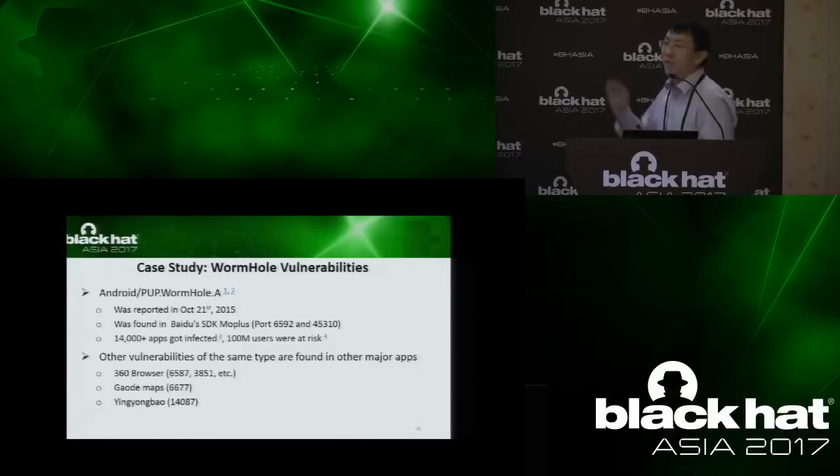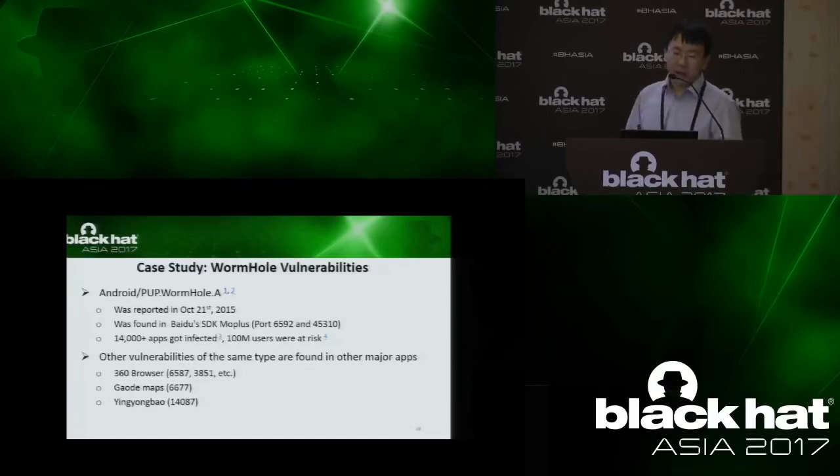So before I go to the scanning, I would like to introduce a case study about the WormHole vulnerability. This kind of vulnerability was first reported in 2015, and it was first found in Baidu's SDK, and it got 14,000 applications infected, and 100 million users were at risk because of this vulnerability.